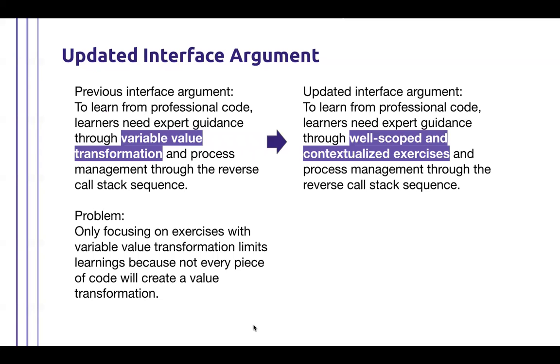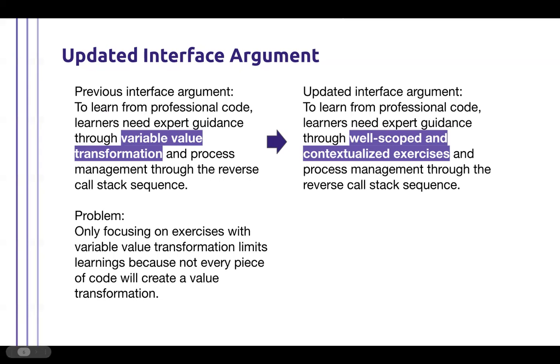So the previous interface argument stated to learn professional code, learners need expert guidance through variable value transformation and process management through the reverse call stack sequence. But only focusing on exercises with variable value transformation limits learning because not every piece of code will create a value transformation. We'll be skipping over code that assigns a variable or creates a function.